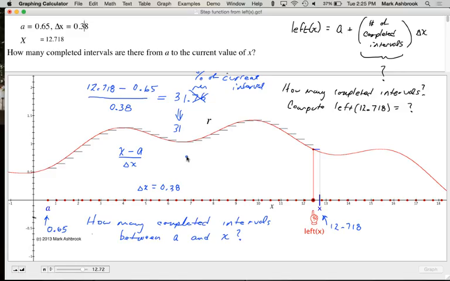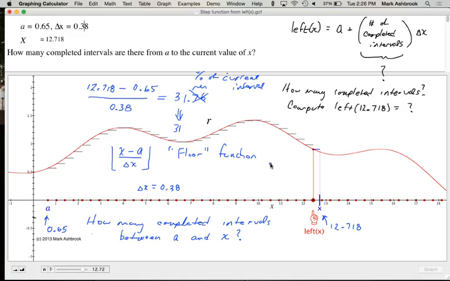Well, there's a mathematical function that does that called the floor function. The floor takes any decimal value and gives you the greatest whole number less than that one. It just chops off the decimal portion. You write it like this. This is called the floor function. What does the floor function do?